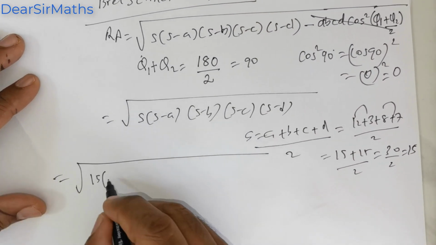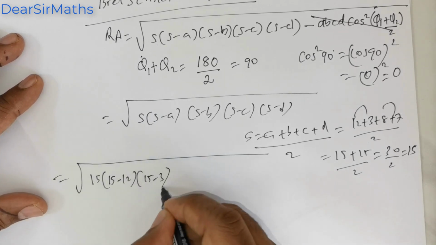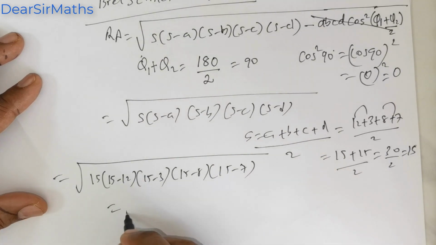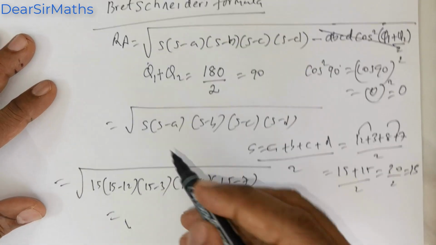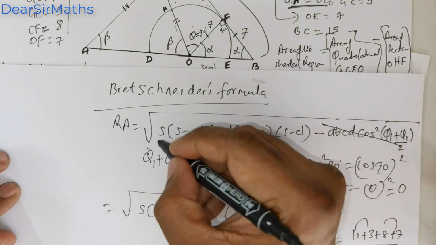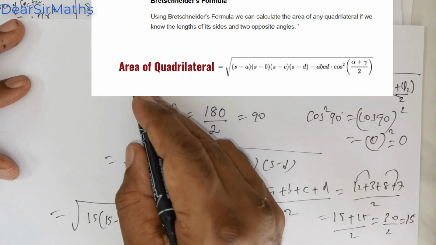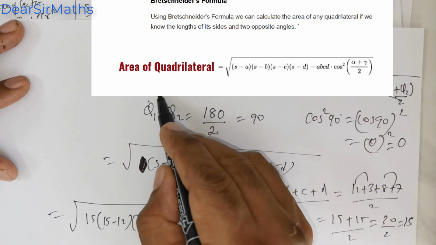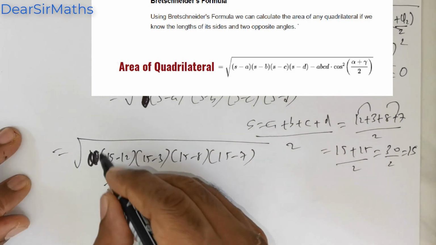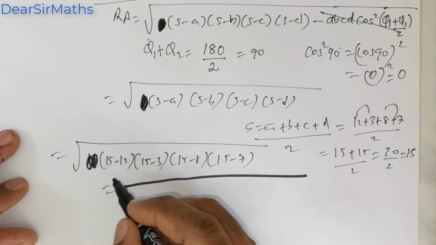So 15 minus 12, 15 minus 3, 15 minus 8 and 15 minus 7. Oh, there is one small correction. You don't have an S outside here, right? In Bretschneider's formula, we don't have an S there. So it becomes too much simpler. So S is removed. Please make an observation.